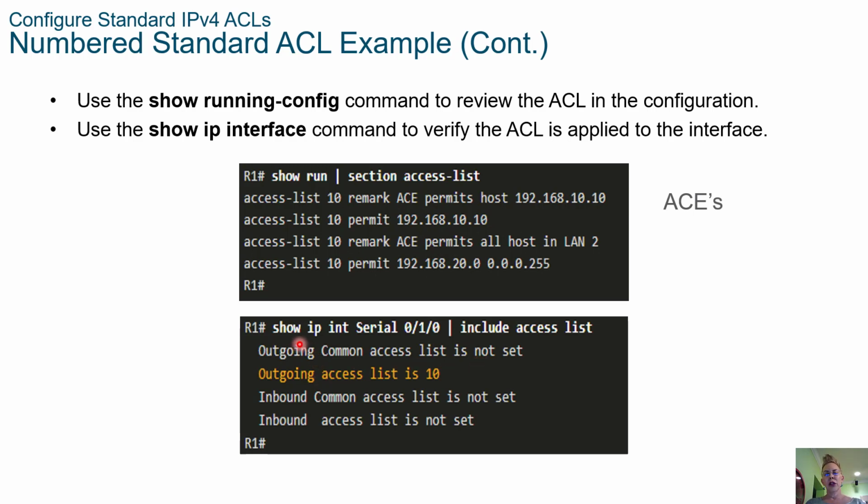Also, I can look at the individual interface and see what access control lists are applied to the interface and whether it's going in or out. See, outgoing common access list. These are the ACEs, the access control entries.